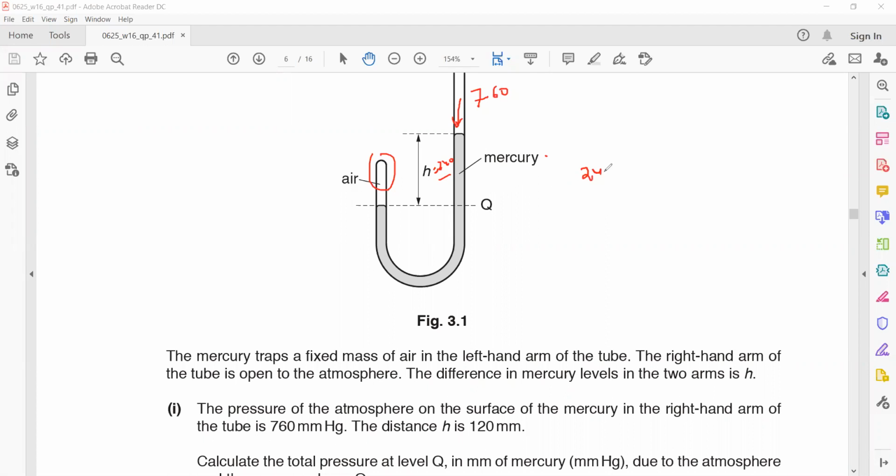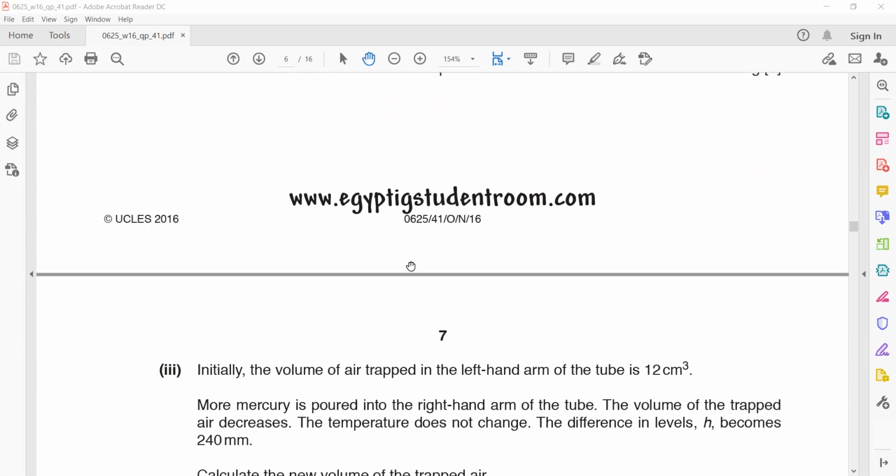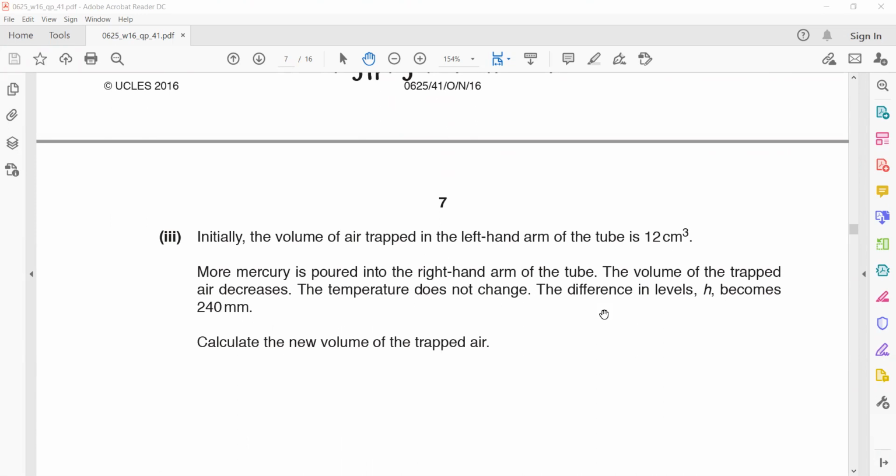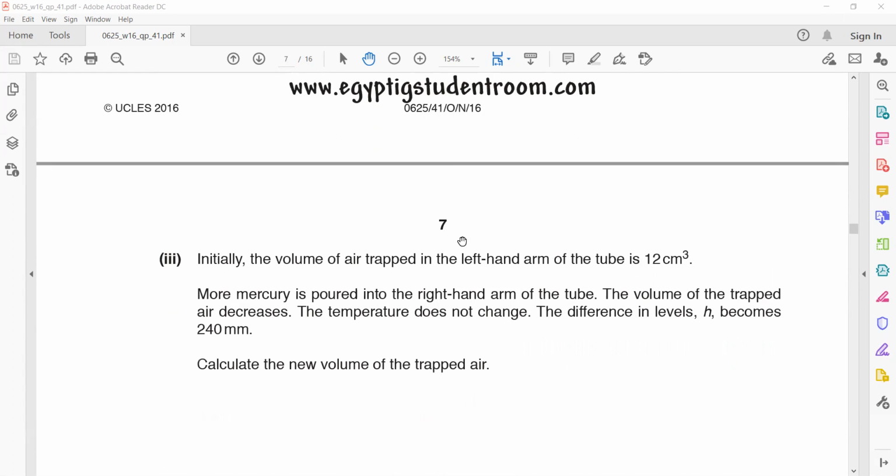So 240 plus 760, which is equal to 1000. Calculate the new volume of the trapped air.